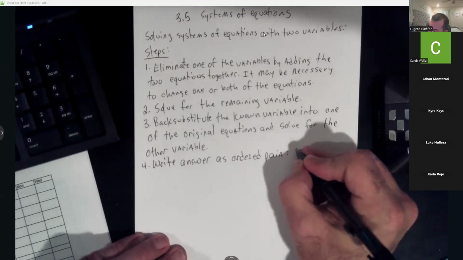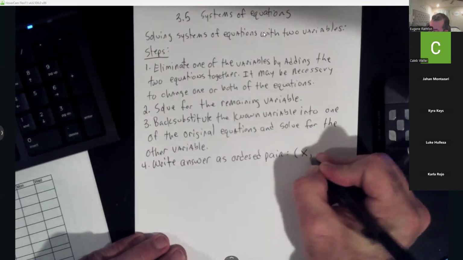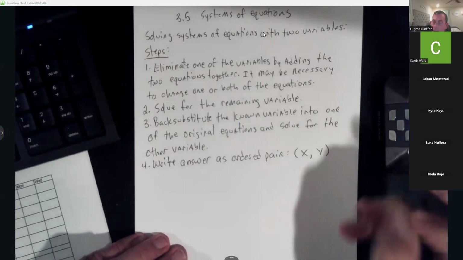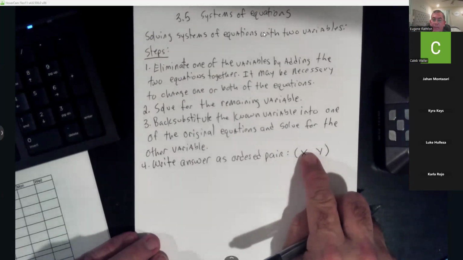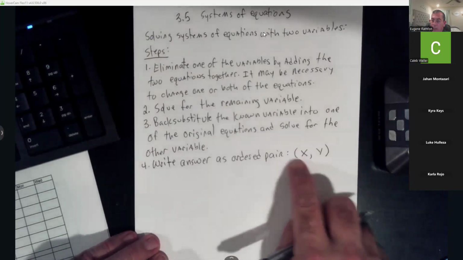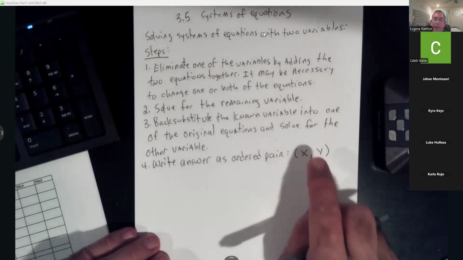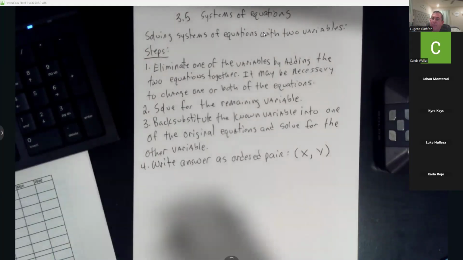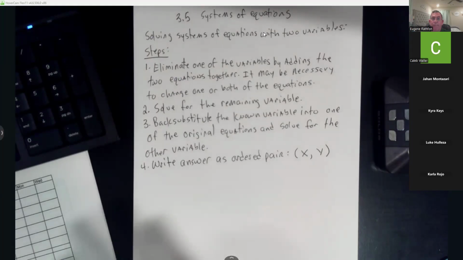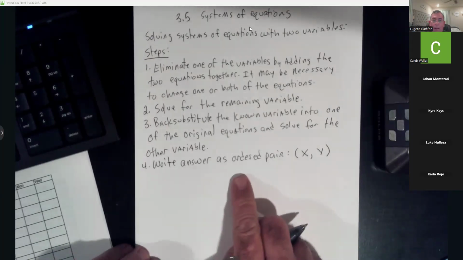So an ordered pair, we always put them in alphabetical order and in parentheses. So in MATLAB, you will have to use parentheses if MATLAB does not have the parentheses there already. All right.